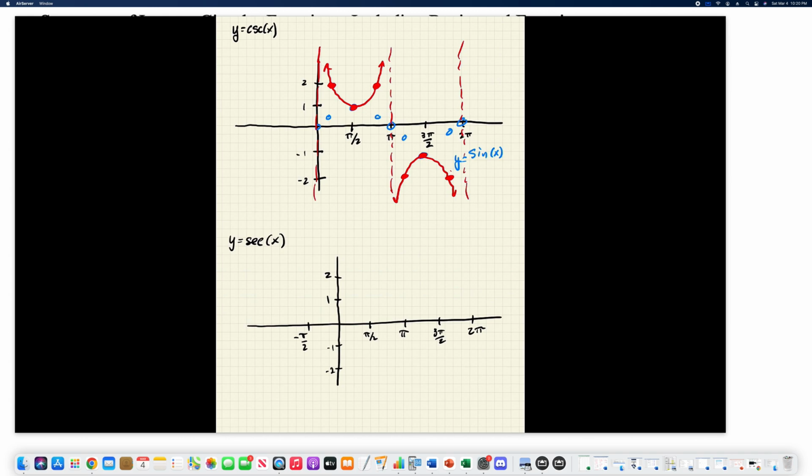Well, the problem here is to find our inverse, we have to cut it right here at pi over 2. Because everything after pi over 2 gives us the same positive y values. And we don't want to skip over here to quadrant 3.